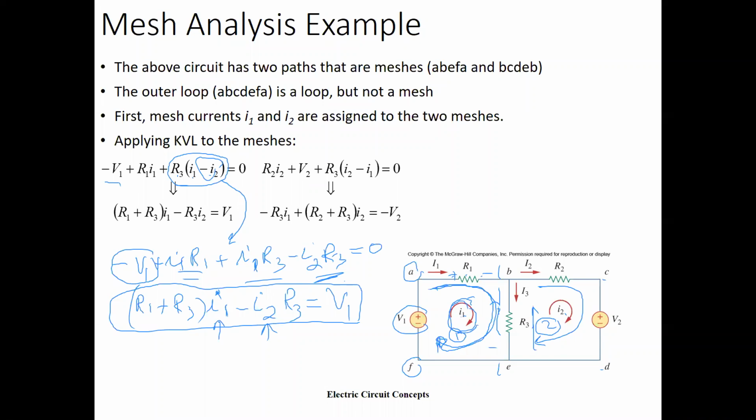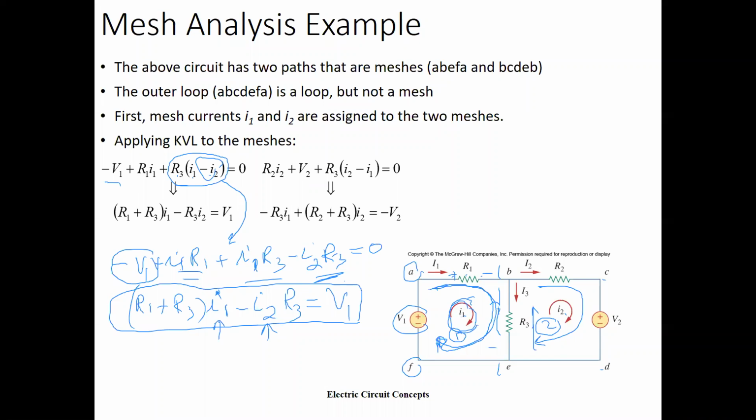Now, for mesh number 2, I'm going to apply KVL. For mesh number 2, I could use the same technique as the book, or whatever technique you use by just going one by one.